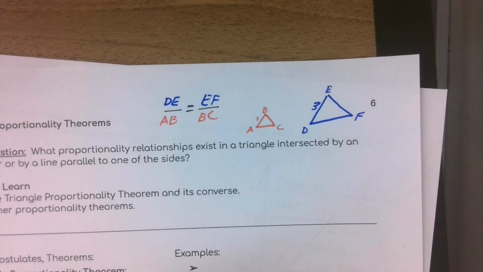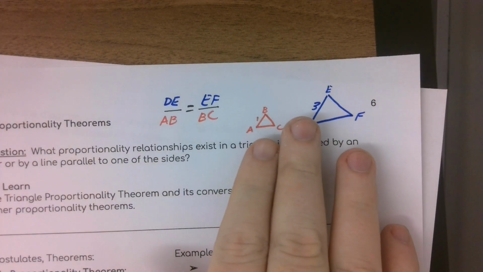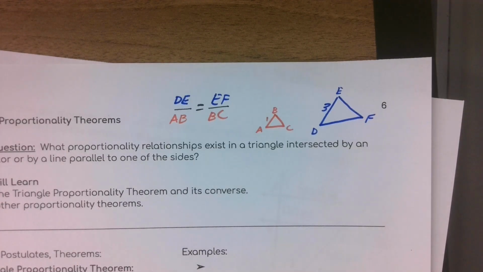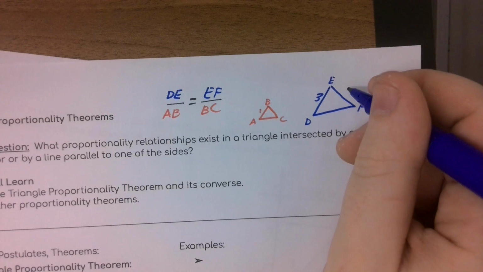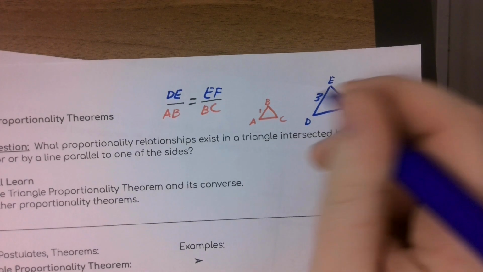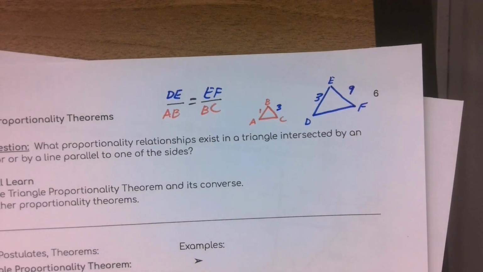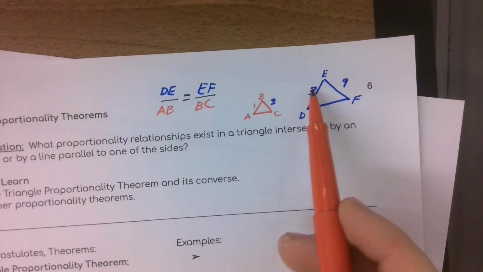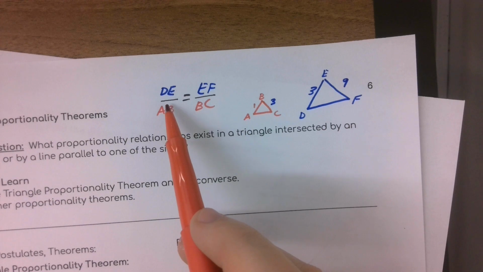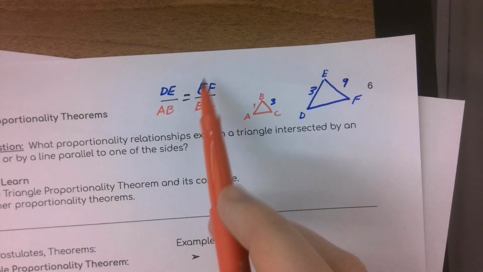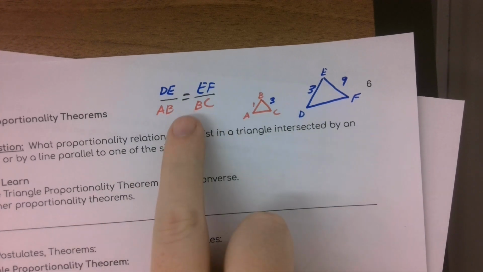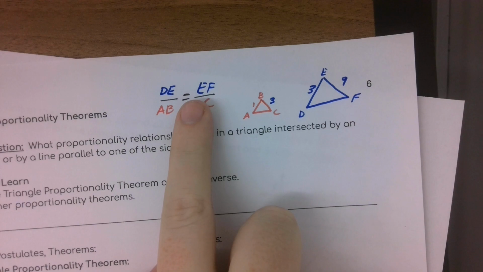What this is saying is, no matter what fractions we get, if these two triangles are similar, this fraction will be the same as this fraction. So let's say EF was 9 units long and BC was 3. Well, we could say 3 over 1 from before equals 9 over 3, which it does. They both make 3. That's what we're talking about when we say proportionality. We're talking about this statement here.